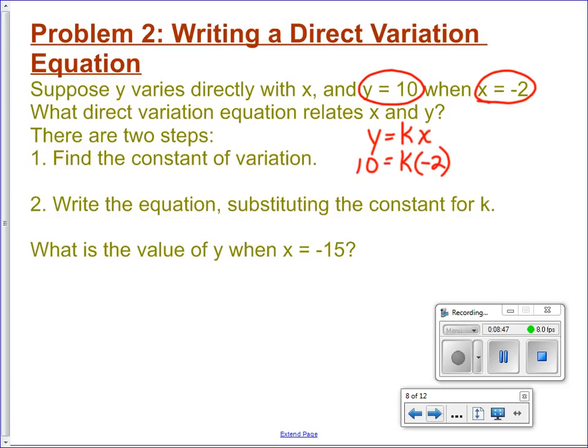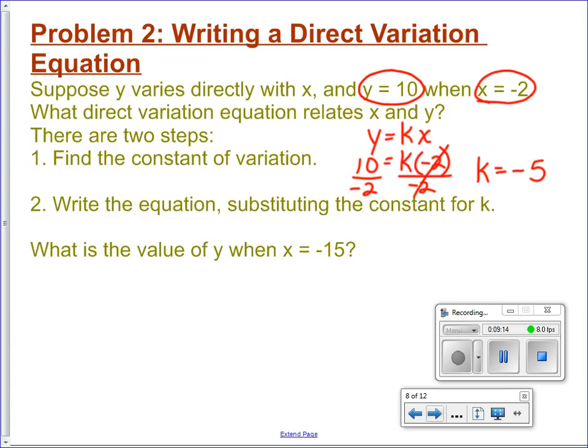All right, well, dividing both sides by negative 2, my negative 2's would cancel out, and k is going to be equal to 10 divided by negative 2, which is negative 5. All right, so we have accomplished step 1. Now we're ready to write the equation, substituting the constant for k.